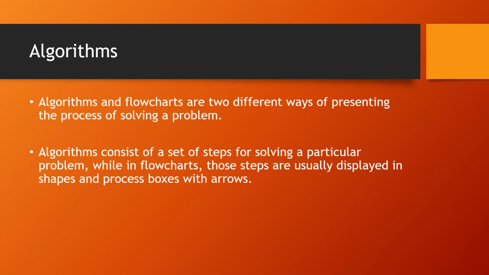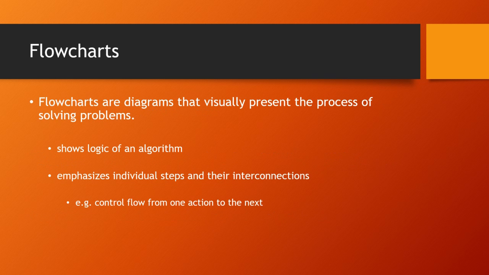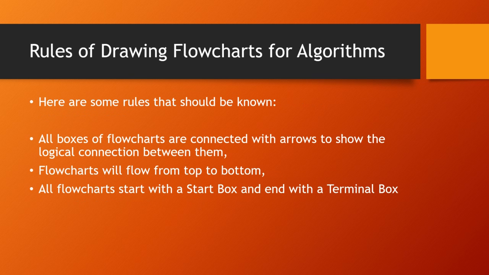Basically, your flowcharts are the visual representations of your algorithms. Flowcharts are diagrams that visually present the process of solving problems. It shows the logic of an algorithm and emphasizes individual steps and their interconnections, for example, control flow from one action to the next.